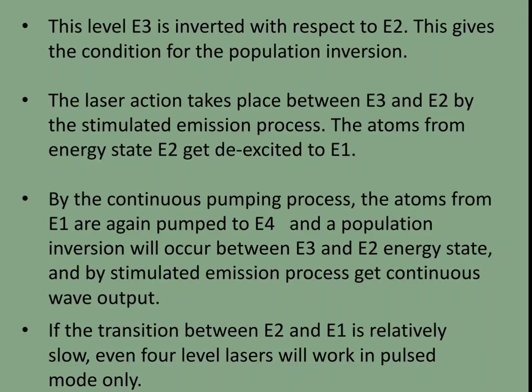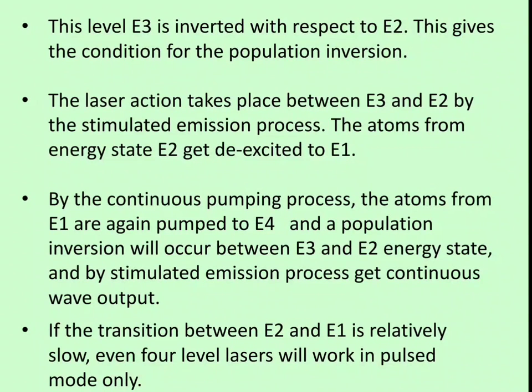So the laser action takes place between E3 and E2 by the stimulated emission process, and the atoms from energy state E2 get de-excited to E1. By the continuous pumping process, the atoms from E1 are again pumped to E4 and again jump from E4 to E3 by spontaneous emission. Again E3 acts as a metastable state.